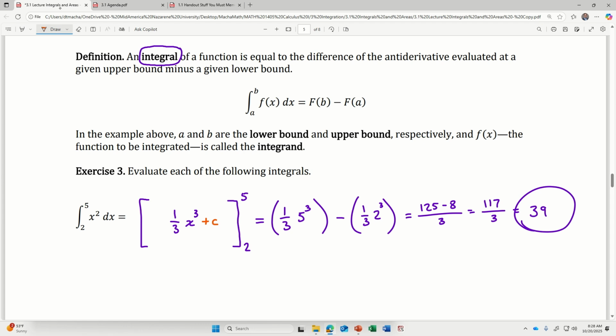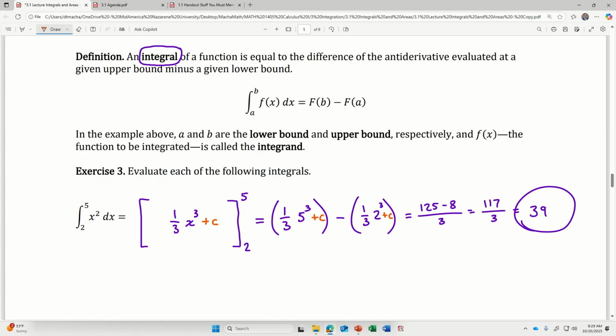So the only rule here is that it has to stay the same. It has to be the same number, whatever I choose. And so then whenever I plug in x equals 5, it would be 1/3 5 cubed plus C. And then when I plug in 2, 1/3 2 cubed plus C.